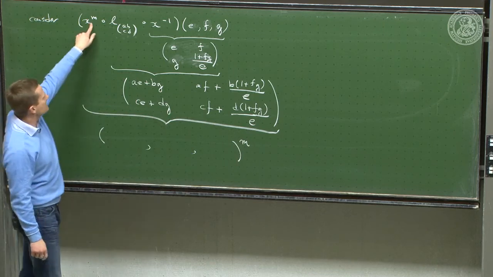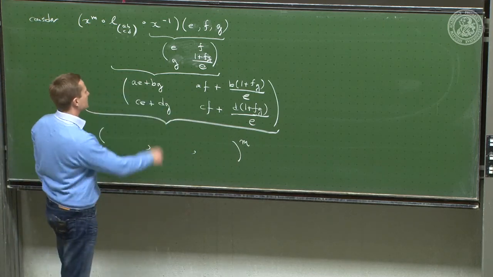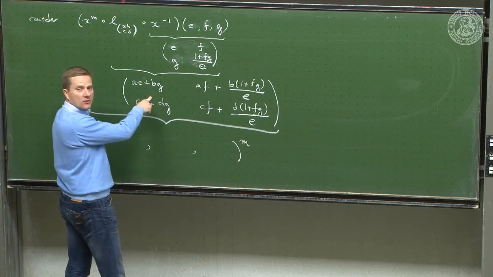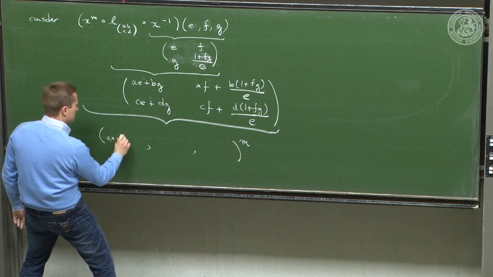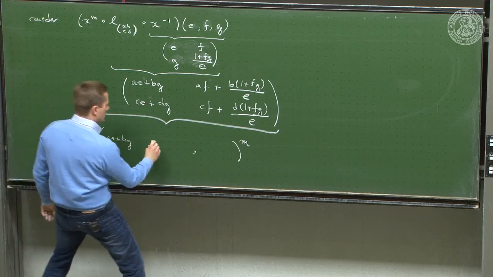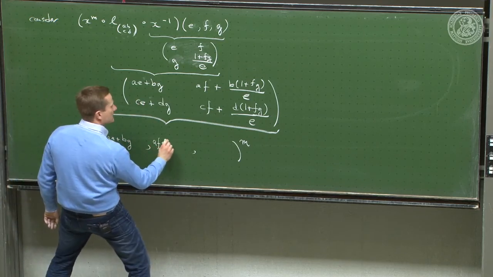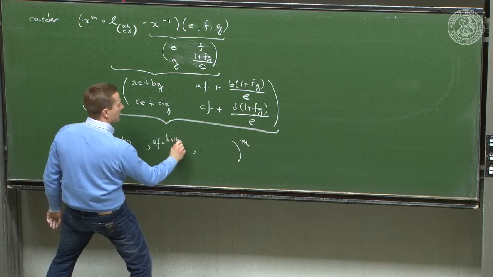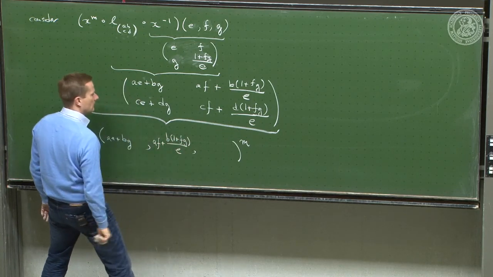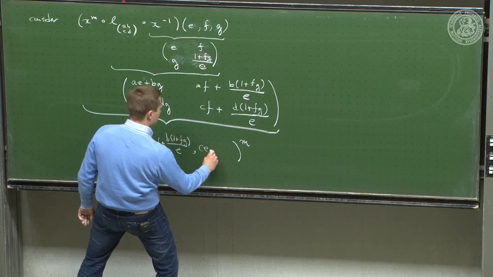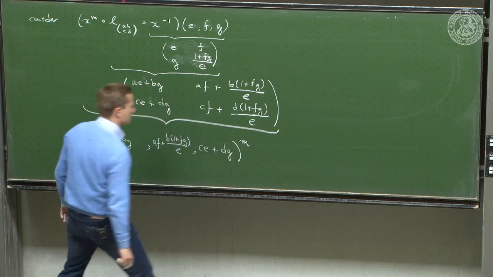Okay, so how does the x take this guy? Well, the x takes this one as a coordinate: AE plus BG, AF plus B1 plus FG by E, and CE plus DG.